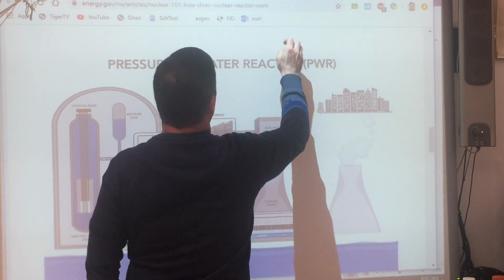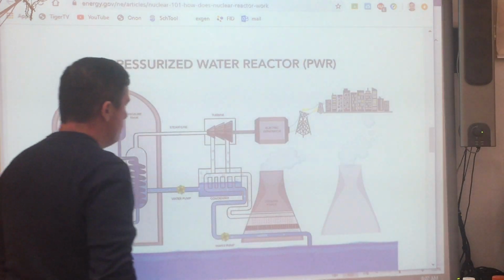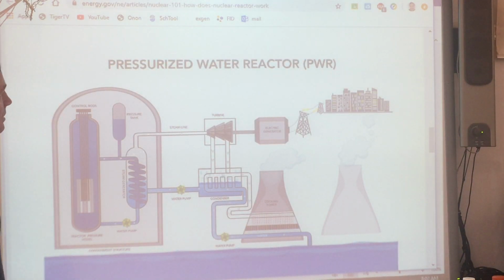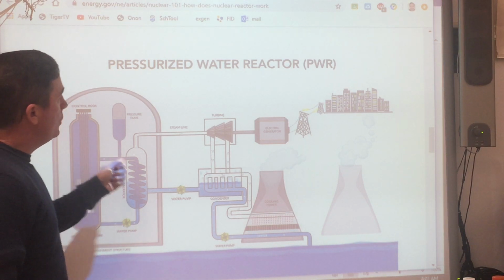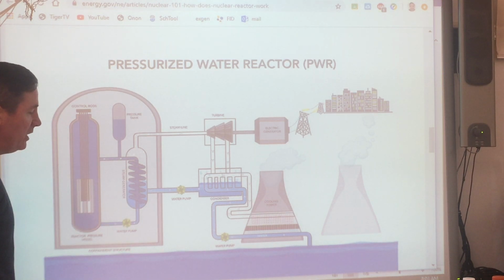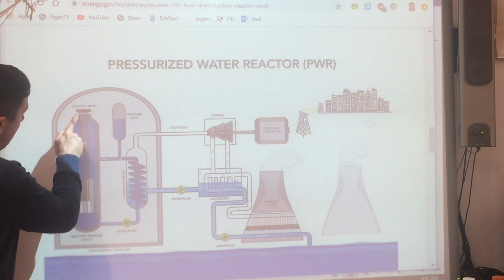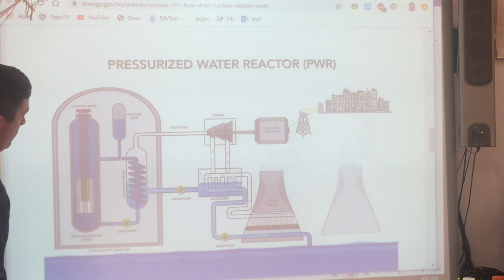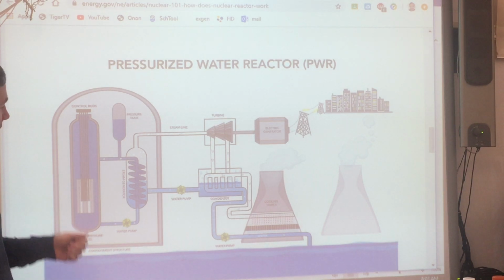Nuclear reactor. And there are different kinds of nuclear reactors, but essentially they work the same way. Basically, you've got these rods in here, and these rods contain radioactive material like uranium-238.